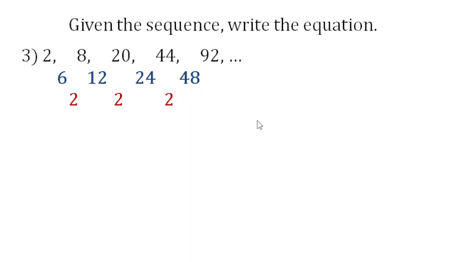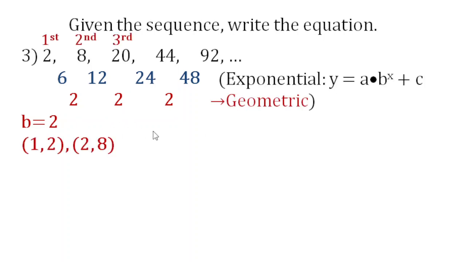So if this would be the case, we call this 2 as the value of b in our exponential equation. And if we are going to remove this part C, this is geometric. Okay, so this is exponential.